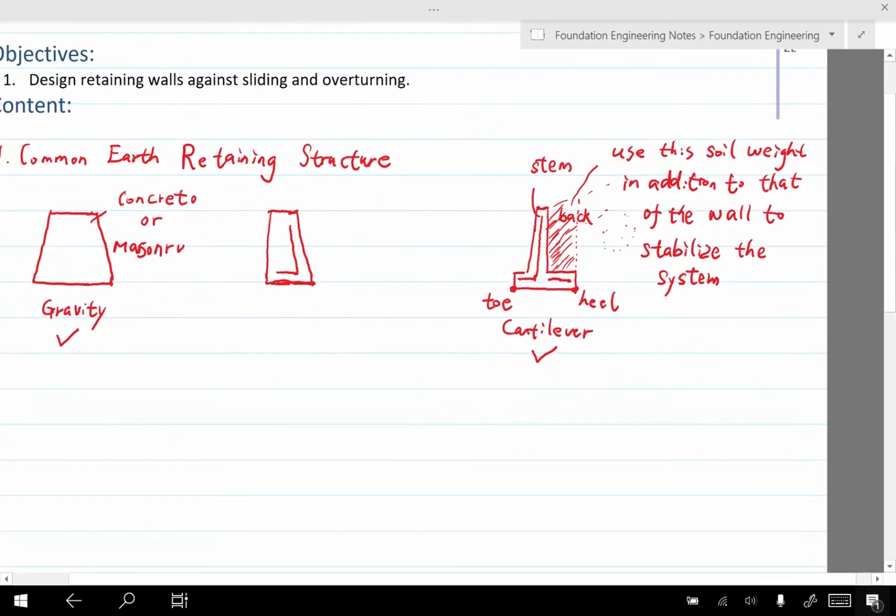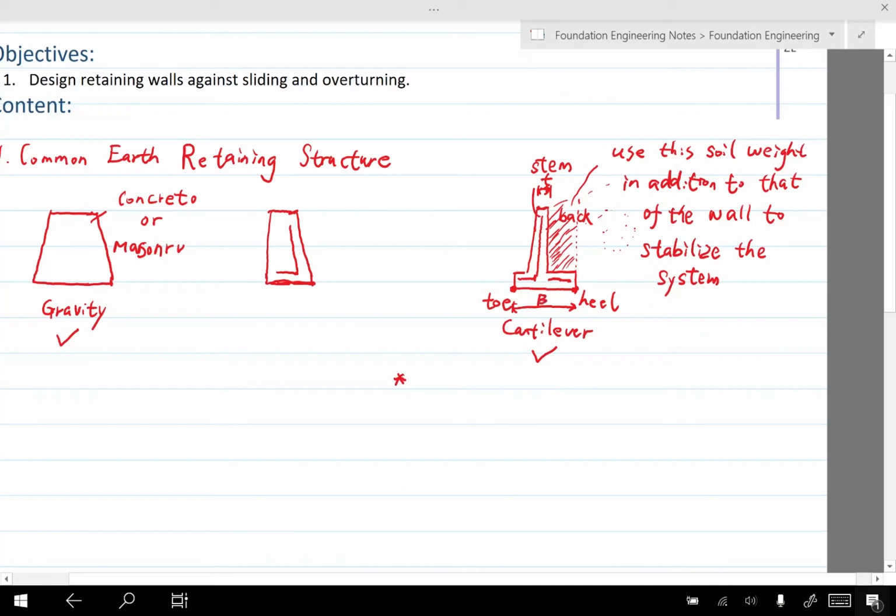And regarding the dimensions of different types of walls, especially for the cantilever wall, we have something called proportioning. That is, for different dimensions, we have typical dimensions include the thickness at the top of the stem and the width of the bottom of the wall.